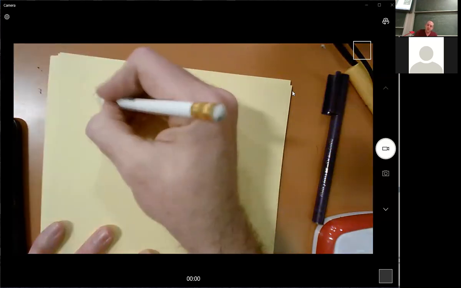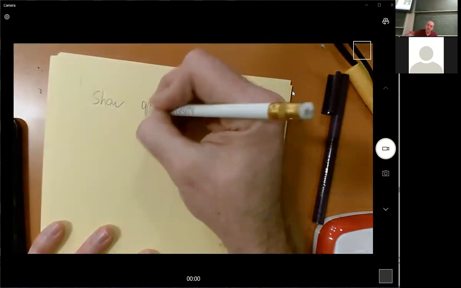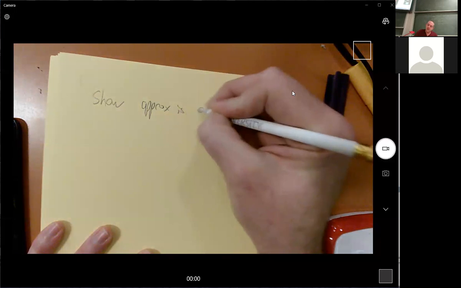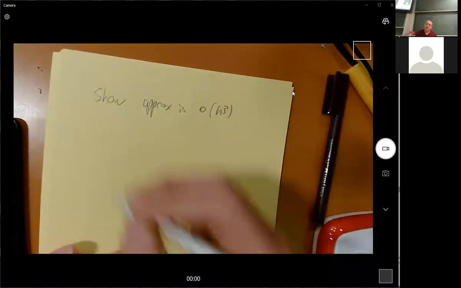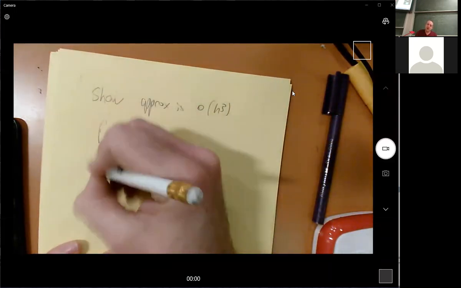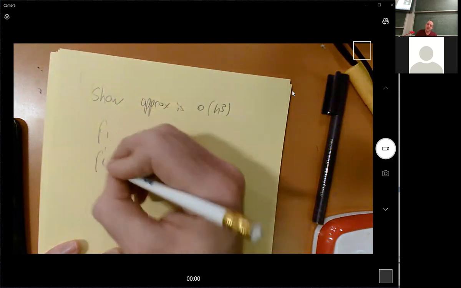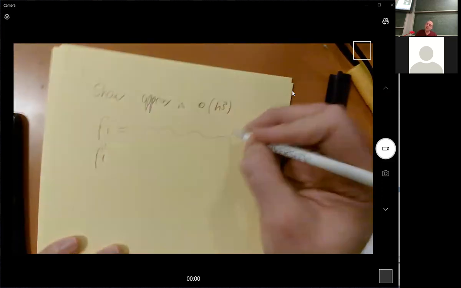Yeah. But that's all I can say, is like if you show the approximation is order h cubed, then I would expect you've got f1 and f2, f1 dash and all this, and they've got Taylor polynomials.